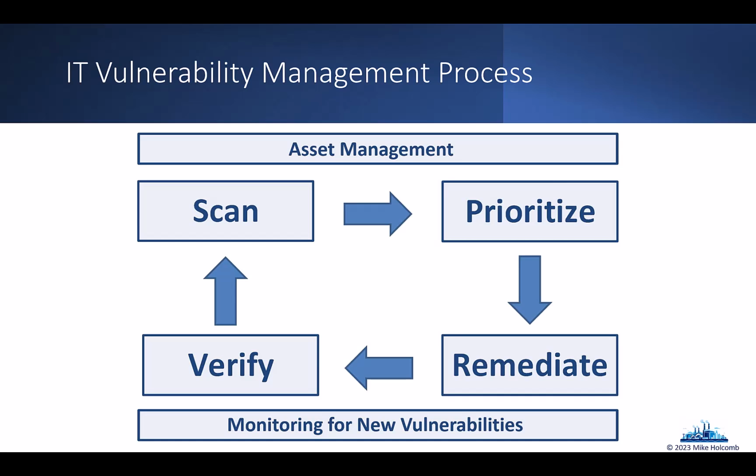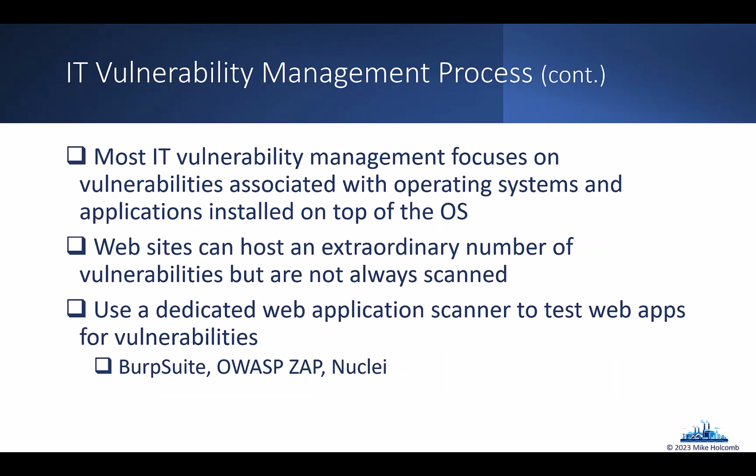So you have to always be monitoring for new vulnerabilities and listening to the cybersecurity news to understand what's going on out there in the real world. And don't just isolate within the walls of your organization because you're going to get hit if you do. So we'll talk about this a little bit more.